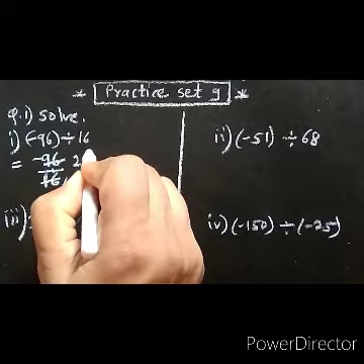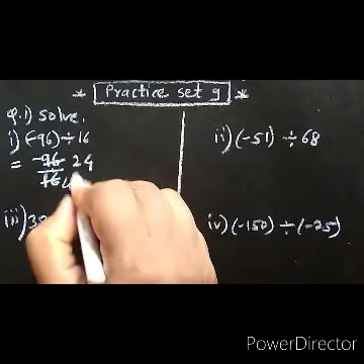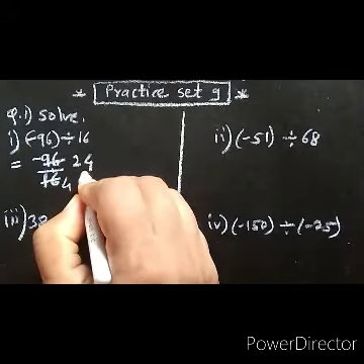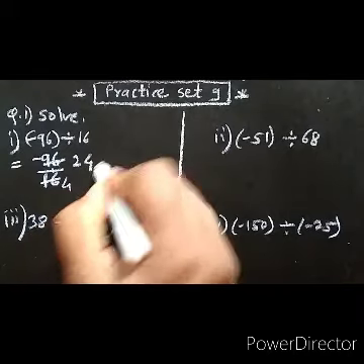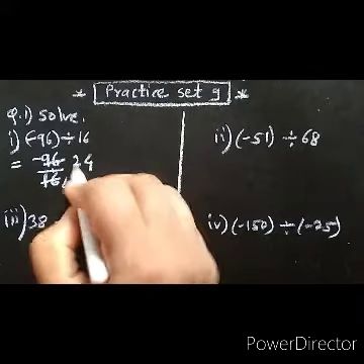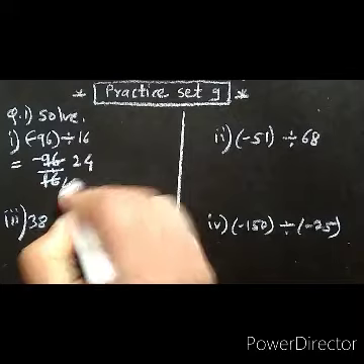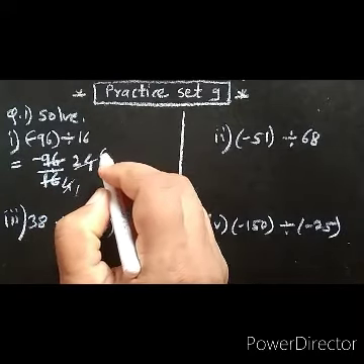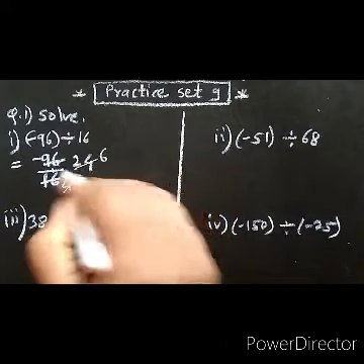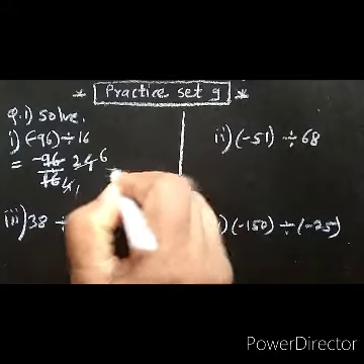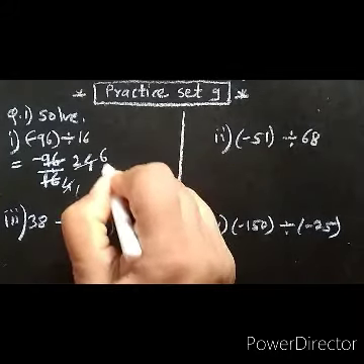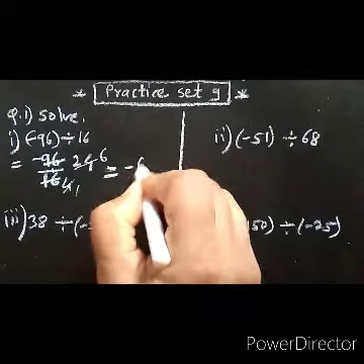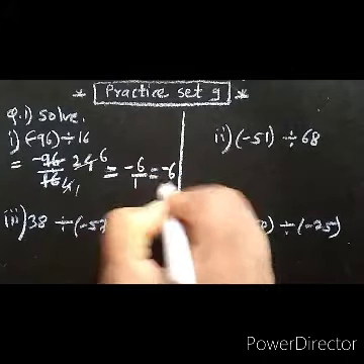We got 16. 4 4s are 16. Now again, in the table of 4, 24 is there. 4 6s are 24, so 4 1s are 4 and 4 6s are 24. Therefore here we got minus 6 upon 1, that is minus 6.